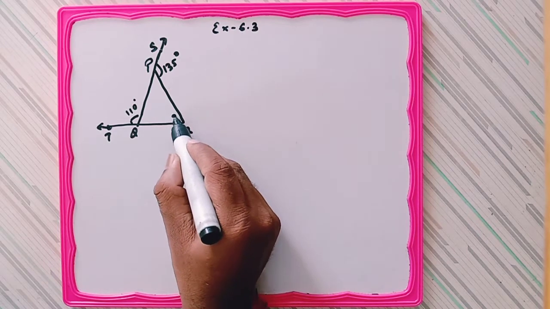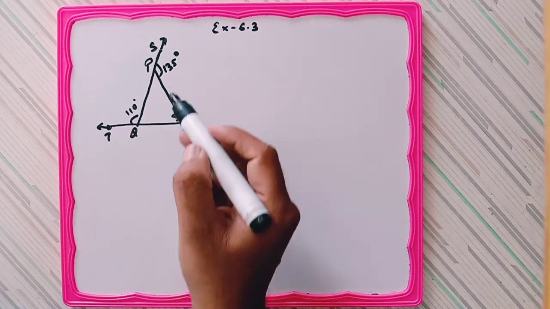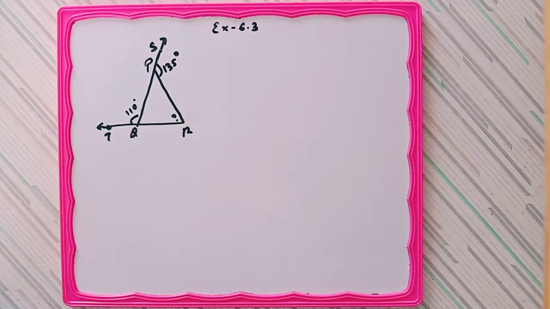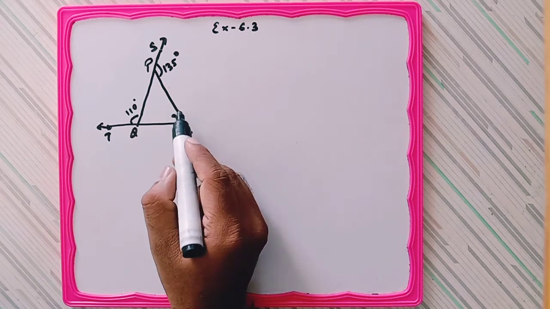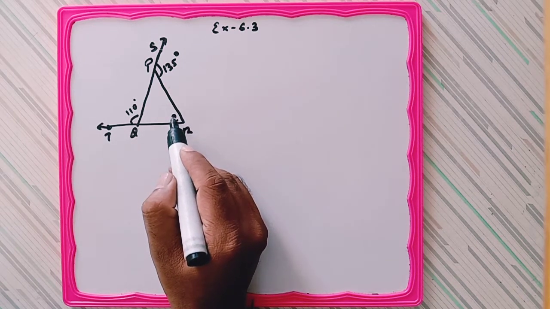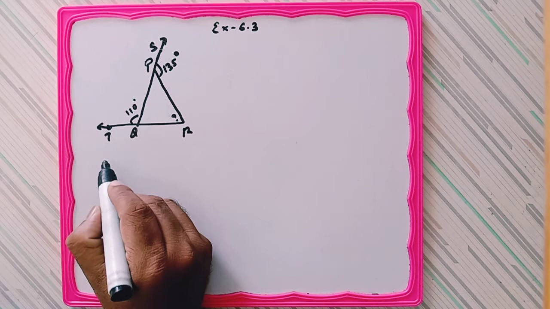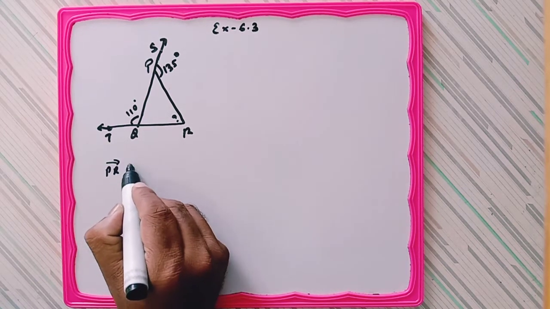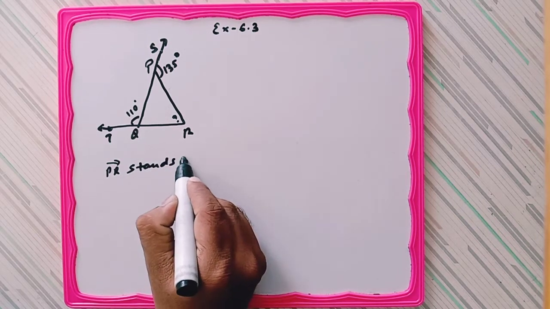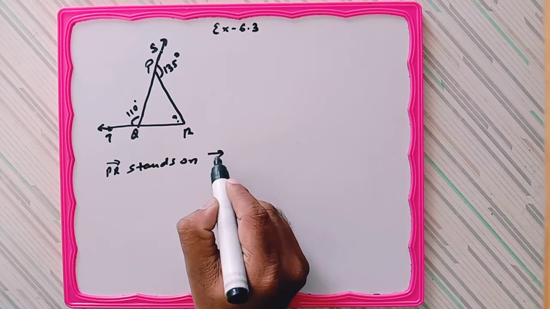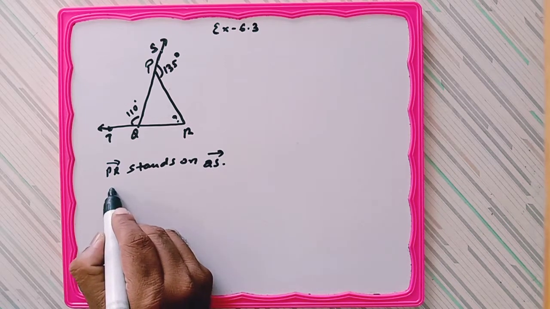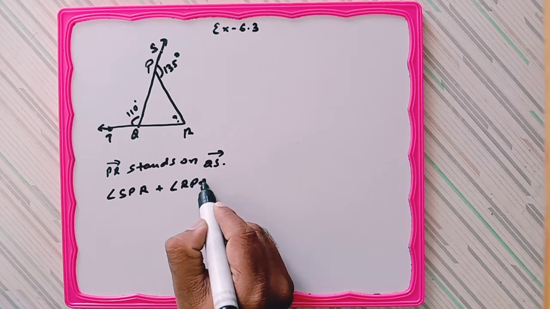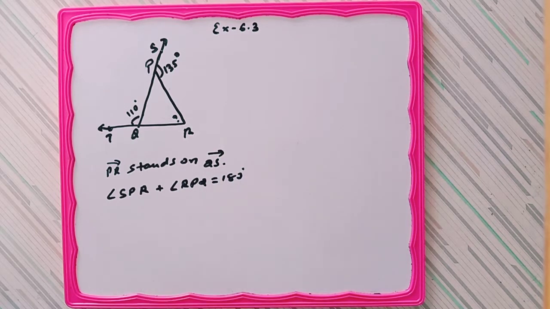Then find angle PRQ. So if we are able to get angle P and angle Q, then we can find angle R by the angle sum property. So we can write ray PR stands on ray QS, and therefore angle SPR plus angle RPQ equals 180.